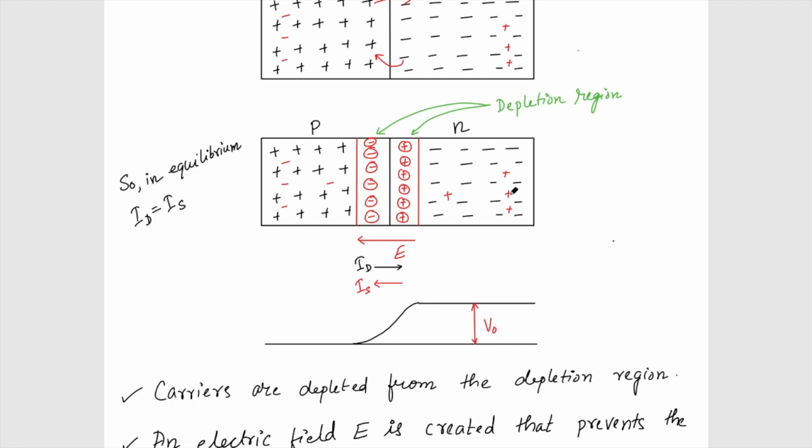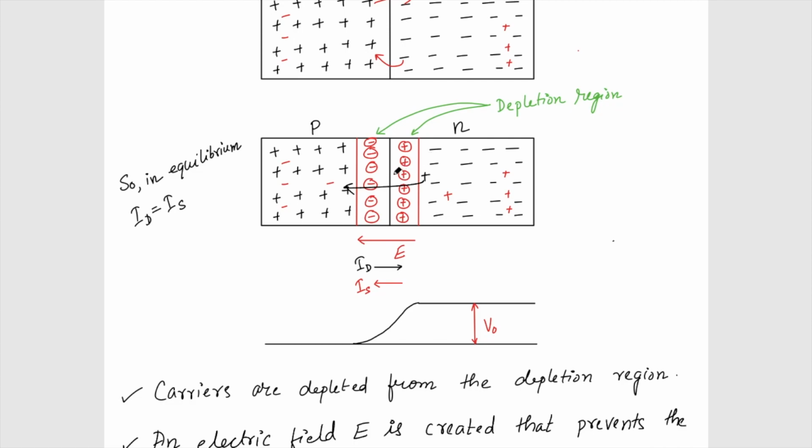It is dependent only on the number of these minority charge carriers, because we know that as soon as a minority charge carrier, this plus, comes here, it will just get drifted. Okay, so the number of minority charge carriers crossing this border, which basically leads to the current, is dependent only on how many minority charge carriers are present.